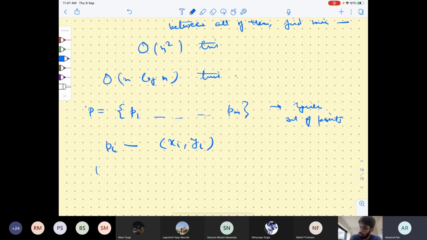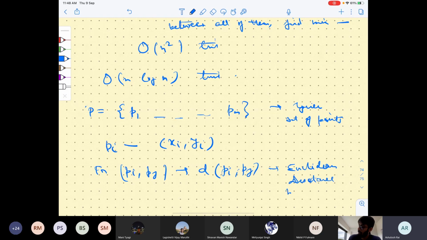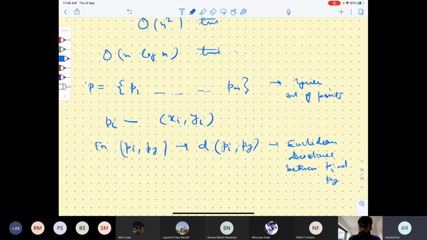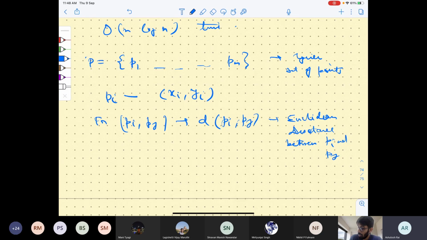For Pi and Pj, d of Pi, Pj is the Euclidean distance between Pi and Pj. And the goal is to find Pi, Pj, with i not equal to j, such that d of Pi, Pj is minimum.